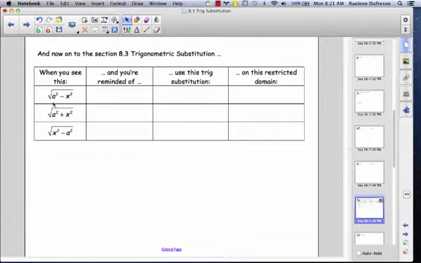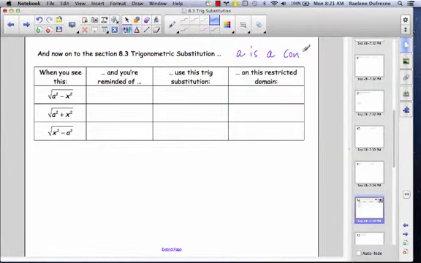When we see the expression square root of a squared minus x squared, where a is a constant, we should be reminded of the trig identity that cosine squared of theta is equal to 1 minus sine squared of theta. We are going to make the alignment with x squared being sine squared of theta, except we also have to have a factor of a. So we are going to let x equal a times the sine of theta.